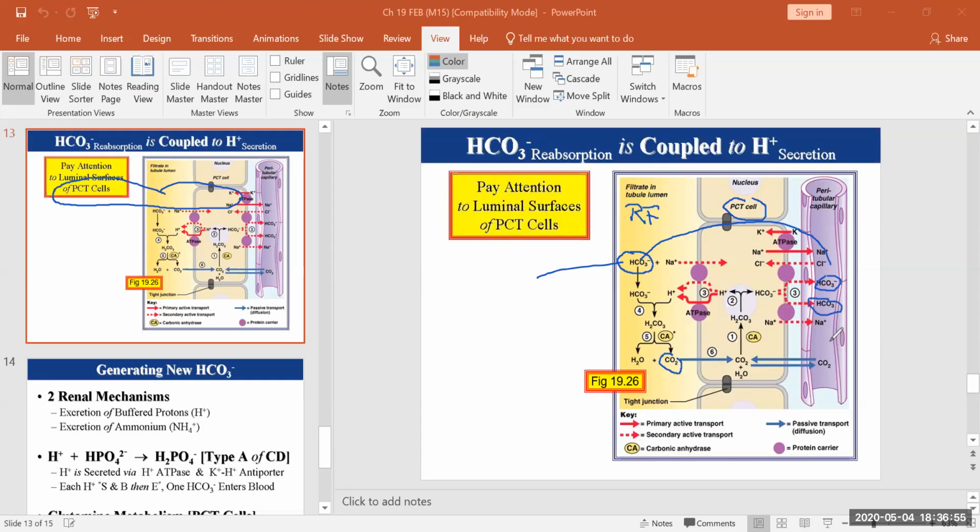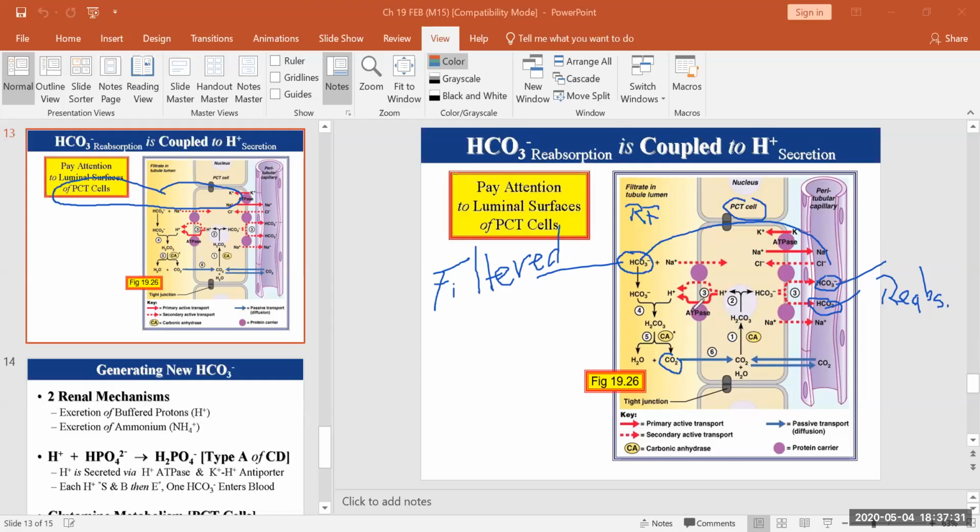Okay. So that bicarbonate wasn't new. It's just reclaimed, reabsorbed. This bicarbonate was filtered. This bicarbonate here is reabsorbed, not absorbed, reabsorbed. Okay. Now the process is very simple. We learned all of this.